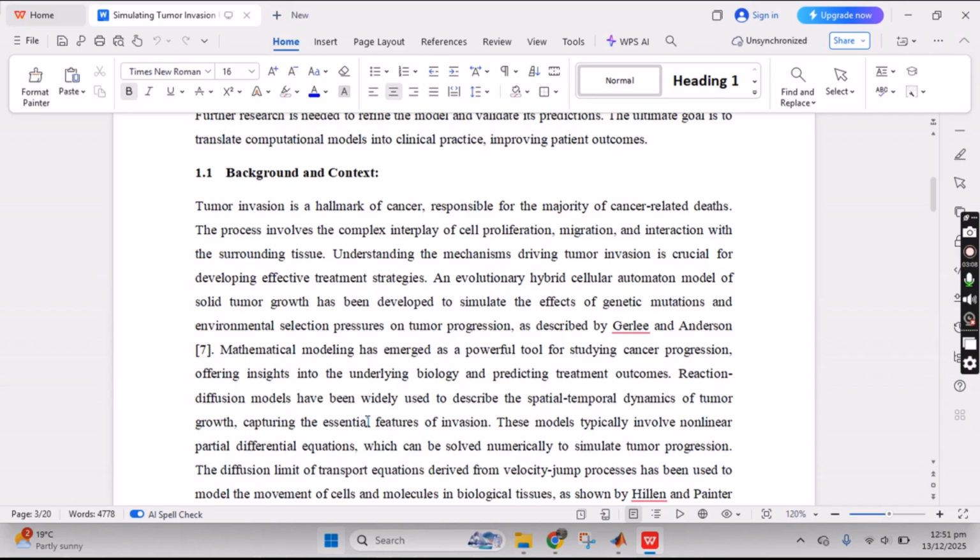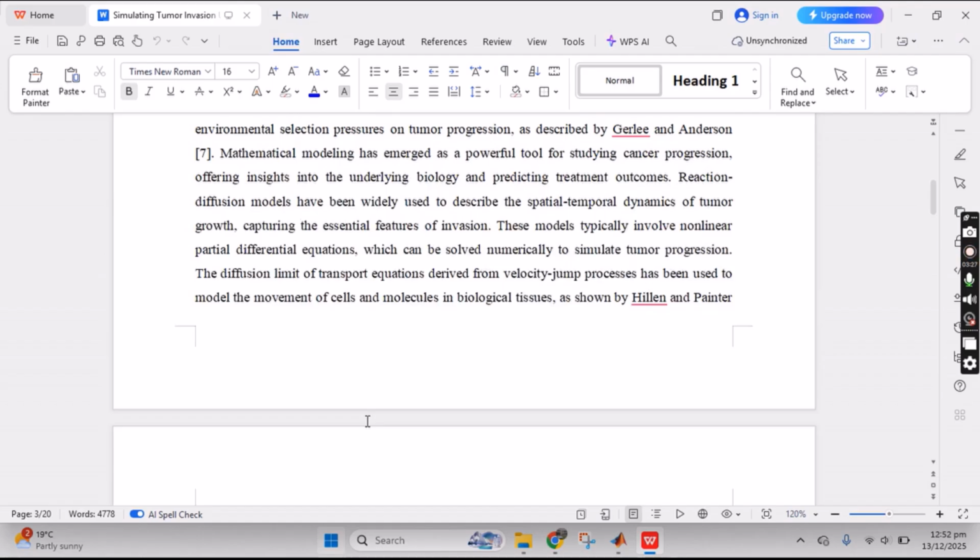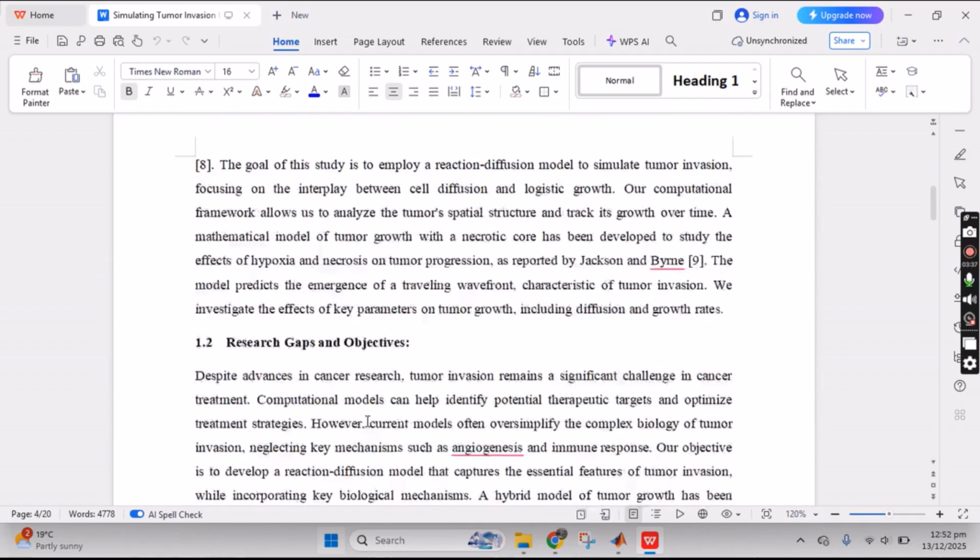Gatenby and Anderson were among the scientists who described these algorithms in terms of mathematical modeling of environmental selection pressures on tumor progression. These models typically involve nonlinear partial differential equations, which are solved numerically to simulate the tumor progression as well.